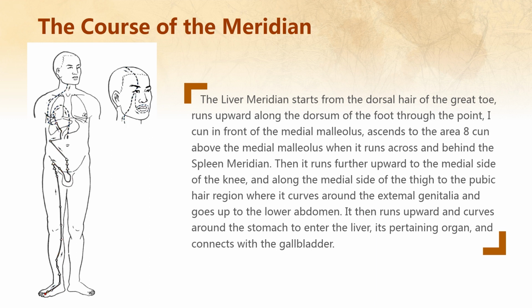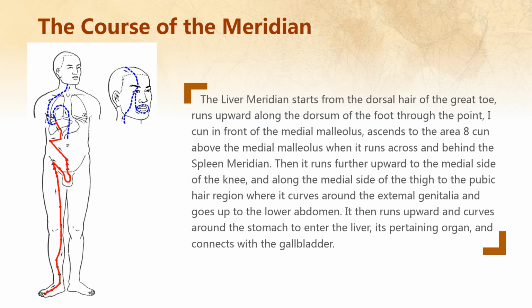The liver meridian starts from the dorsal hair of the great toe, runs upward along the dorsum of the foot through the point 1 cun in front of the medial malleolus, ascends to the area 8 cun above the medial malleolus, where it runs across and behind the spleen meridian.